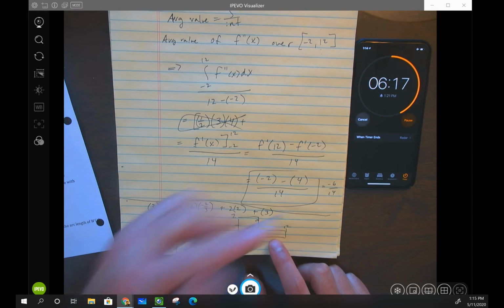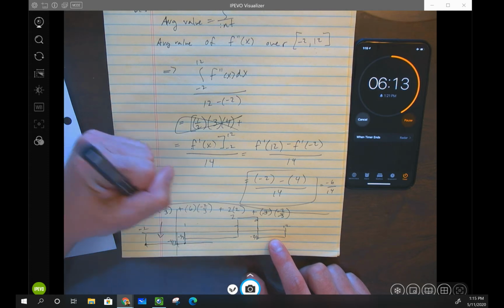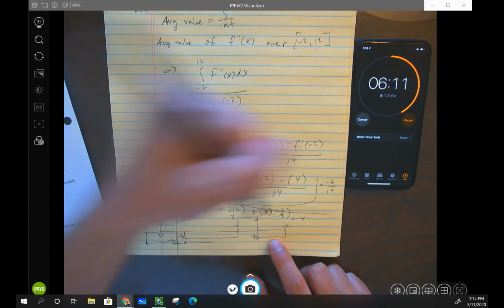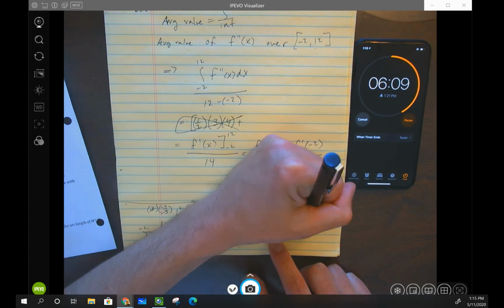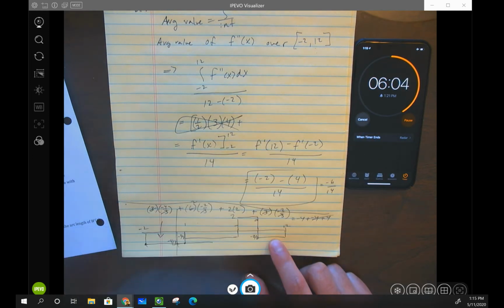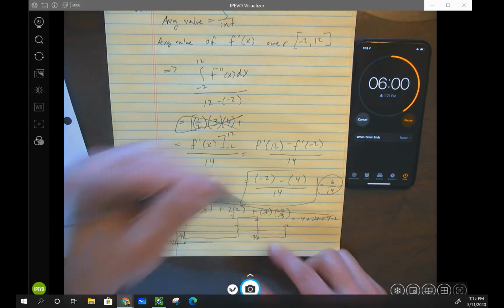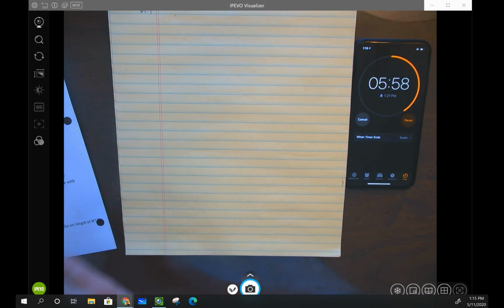And so 3 times negative 2/3. Okay, 3's cancel there, 3's cancel here, so I get negative 4 plus negative 4 plus 4 minus 2. Negative 6. Okay, this is good. I'm done. Moving on.